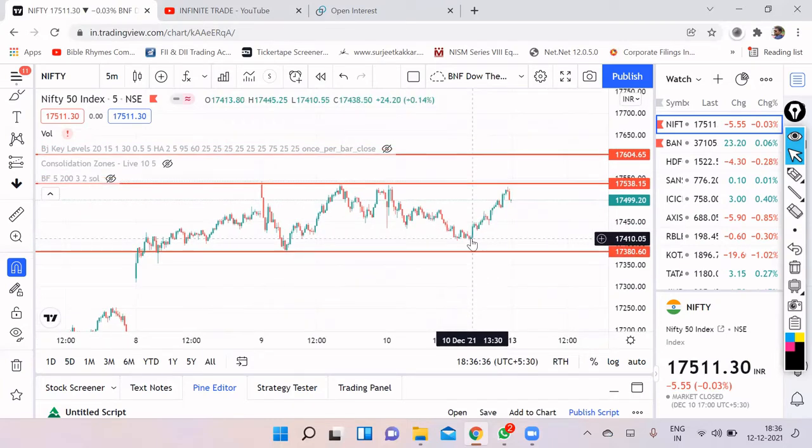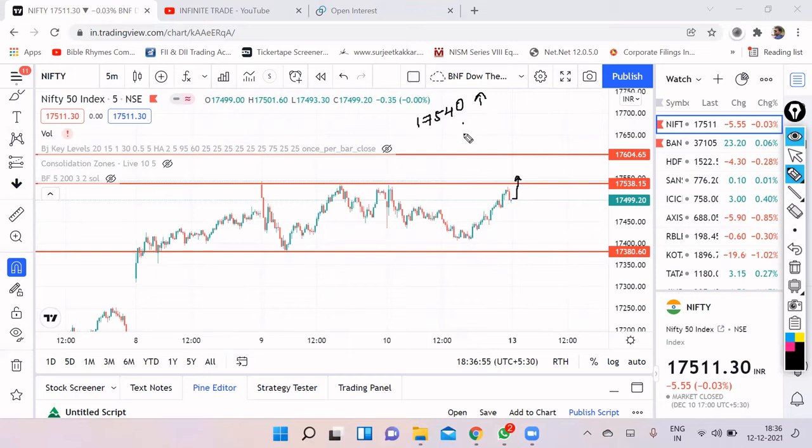We will be trading the breakout. If Nifty opens flat and then breaks this area, 17,538, let's say if it crosses 17,540, we will buy, and our target would be around 17,620. 17,600 is still a supply zone, so we'll see how Nifty reacts to it tomorrow.